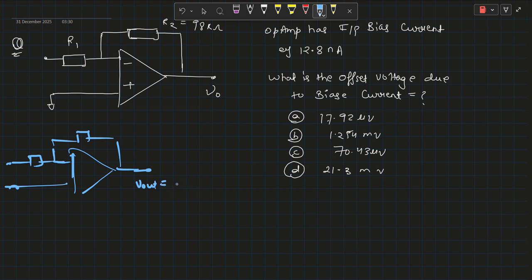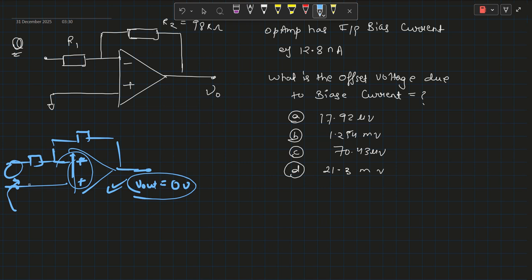At the output side, we assume we will get zero voltage, but in reality this will not happen because there is some offset voltage at the positive input, negative input, or both inputs. This voltage is called the offset voltage.